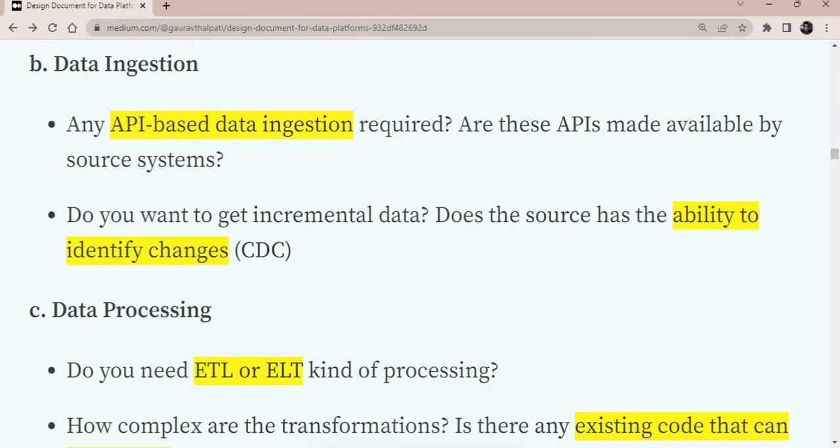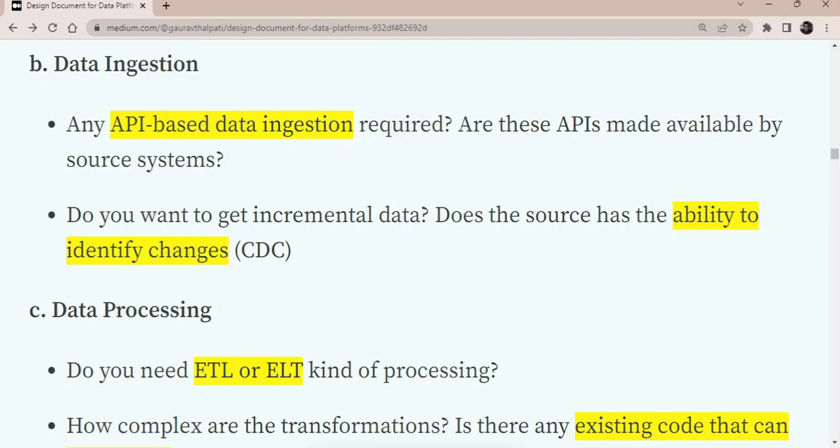Data ingestion, how are you going to ingest the data? Is it API based data ingestion? Most of these SaaS providers now have APIs and you'll be ingesting data from there. Why this is required is, how do you want to ingest this data? This will eventually help you decide what kind of ETL tool you want to use.